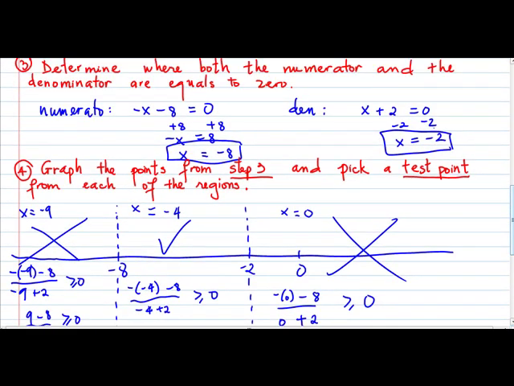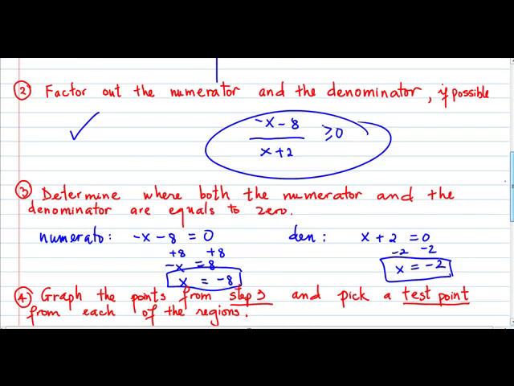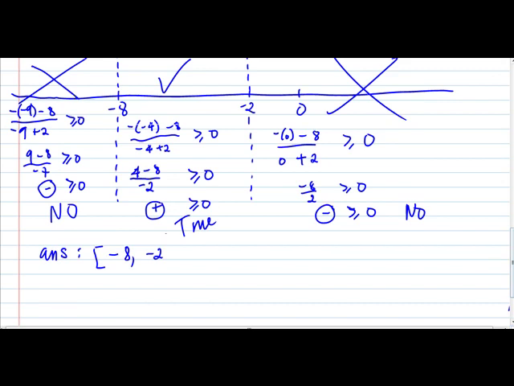Remember, when x equals minus 2, we make our denominator equal to 0, which means the inequality becomes undefined. So we cannot include minus 2, and I have a parenthesis at minus 2. That is our answer.